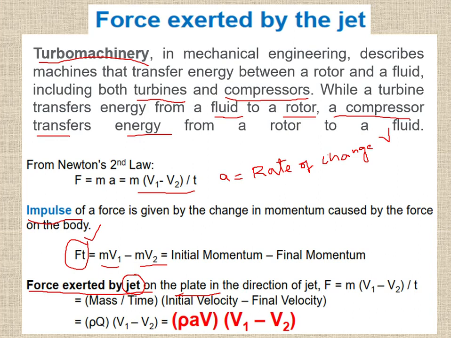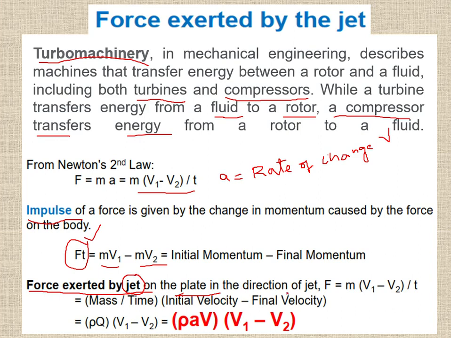Whenever the fluid travels in an open atmosphere, there is no pressure change. In the jet the water flows at a very high velocity, and in the atmosphere p1 minus p2 is basically zero. The change in pressure is zero. The pressure is atmospheric pressure, but there is no change in pressure.